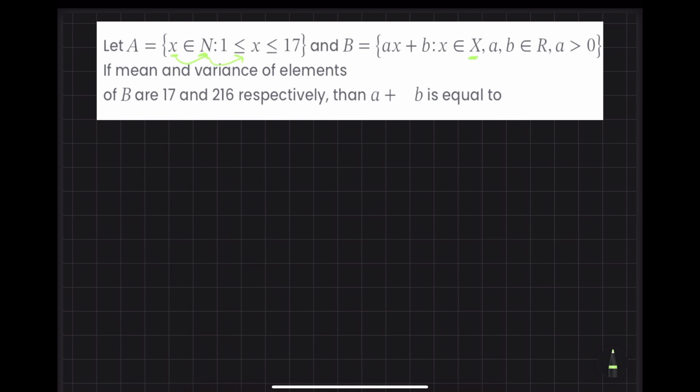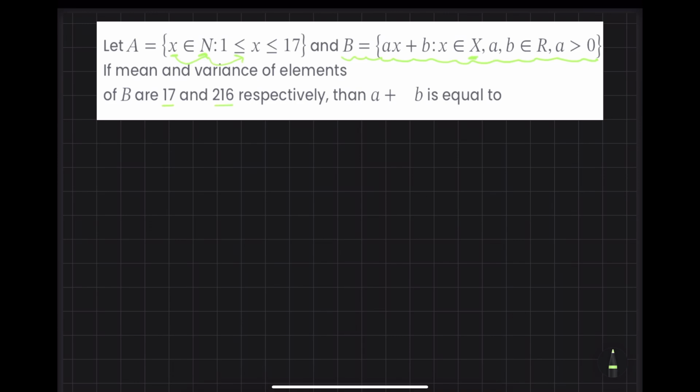Now, at this stage a is greater than 0, and they are talking about B: the mean and the variance of B are 17 and 216. Now be very careful. Suppose that you are at stage 1. Stage 1 means I will introduce all the elements.